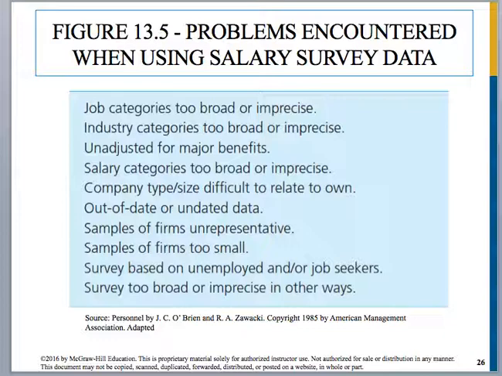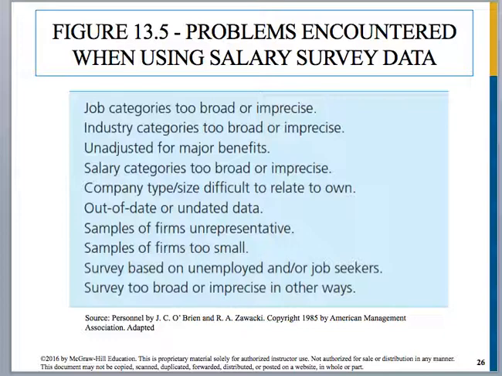If you have some major benefits, but you're still factoring them in like basic benefits like health and dental, then you're going to have issues with how that data calculates. We talked about the job categories and industry categories that can be too broad or imprecise. The same is true with our salary categories. Another thing is that your company size and type could be difficult to relate to your own.